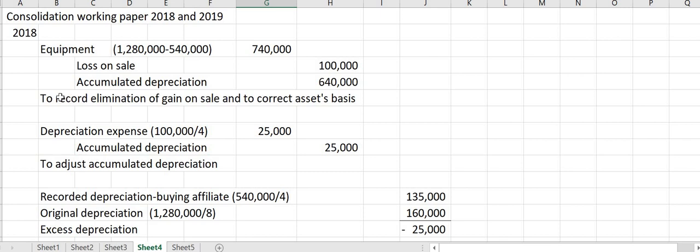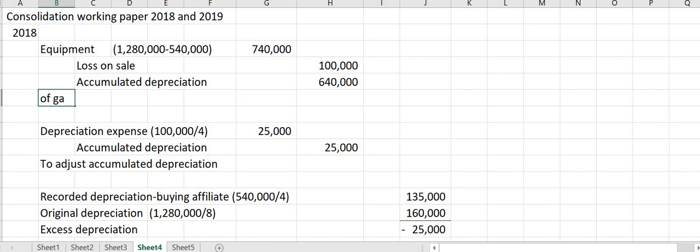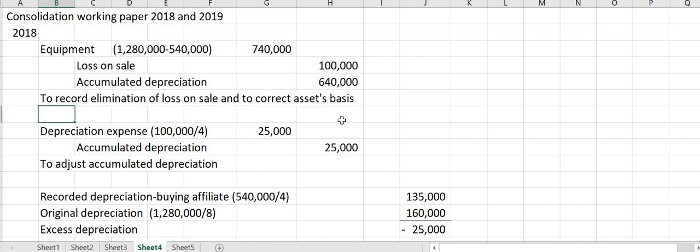Okay, so to eliminate this intercompany transaction, first, to record the elimination of the loss on sale and to correct the asset's basis, we'll debit equipment for 740,000. So this is actually the original cost of the property less, since the buying affiliate records its asset or the equipment at its purchase price.